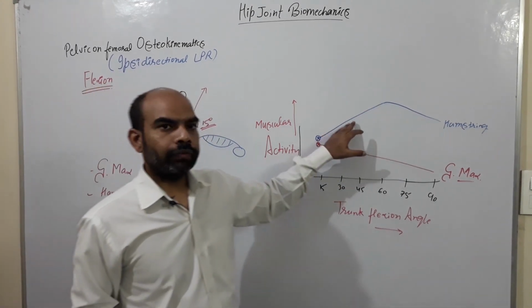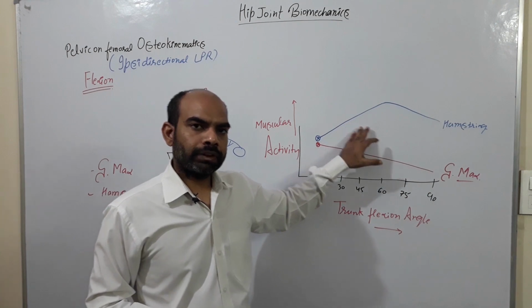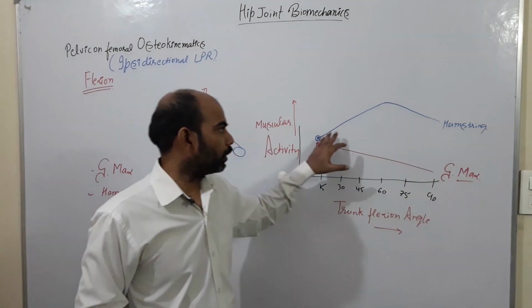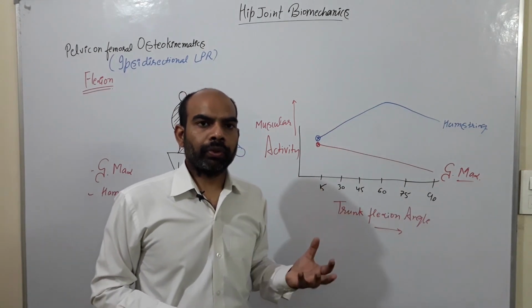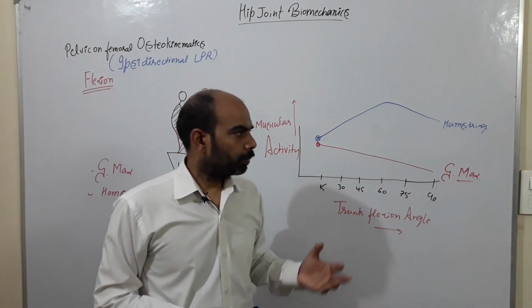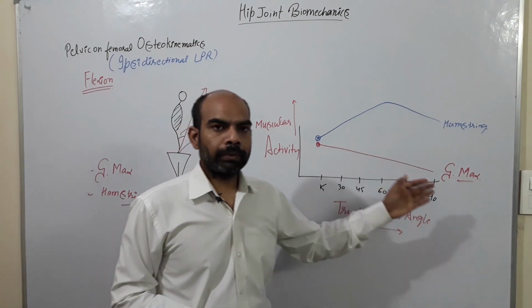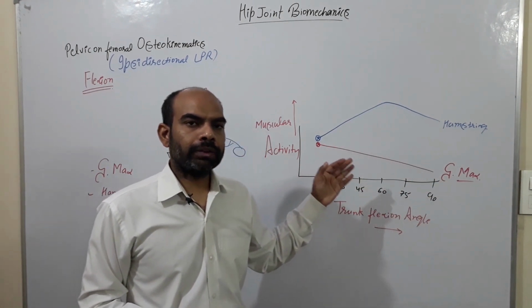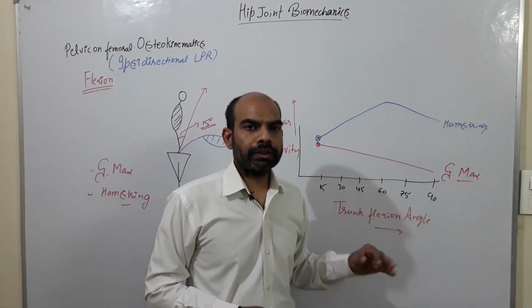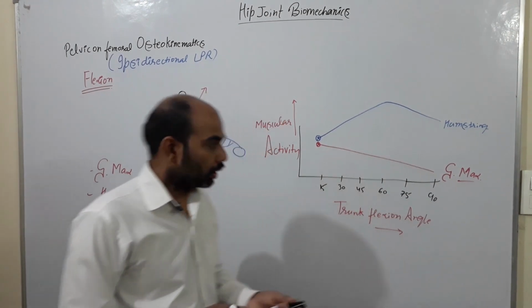The activity of gluteus maximus is gradually reduced and the activity of the hamstring gradually increases. It's because torque production by the hamstring muscles gradually increases and torque production by gluteus maximus gradually reduces as trunk flexion increases.